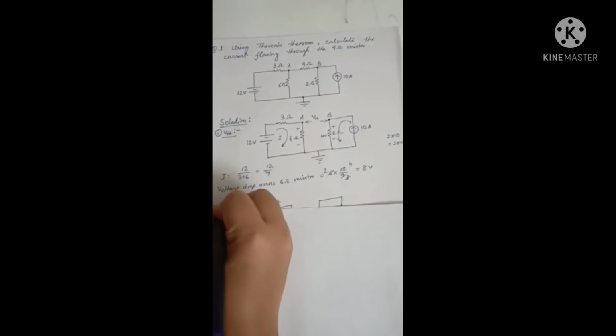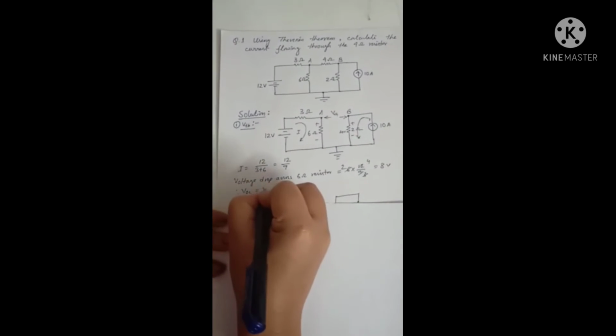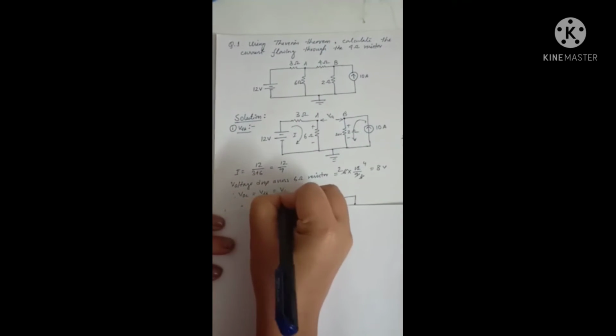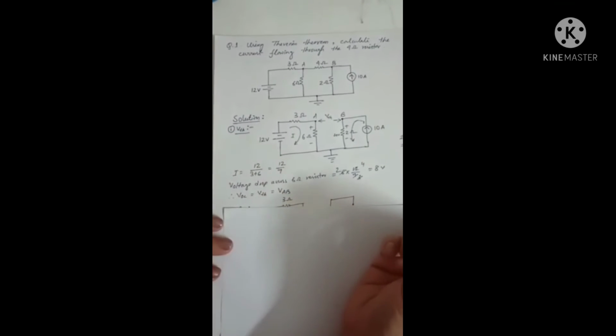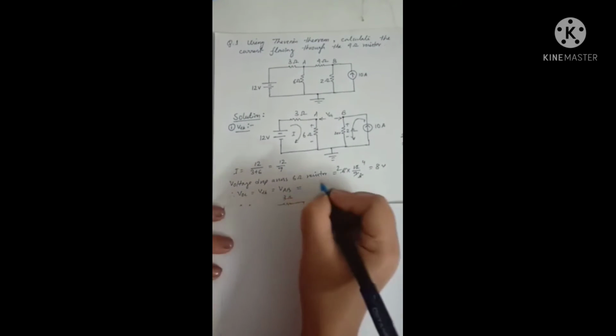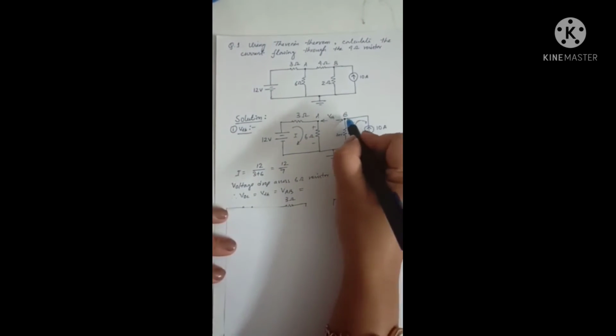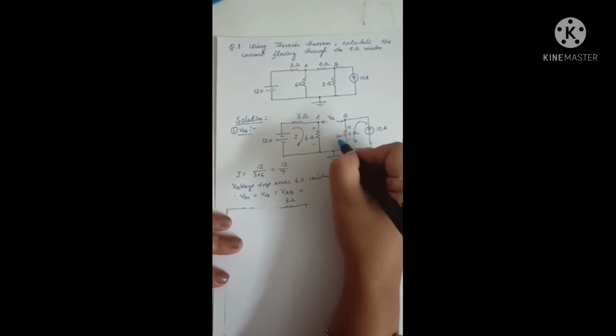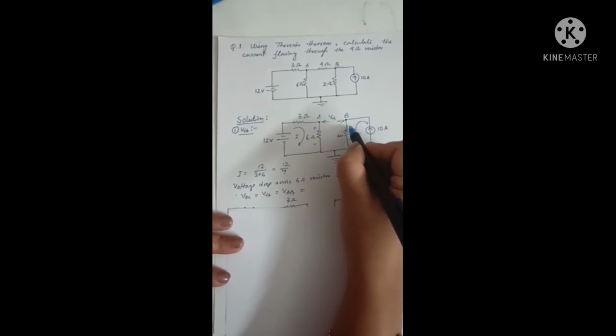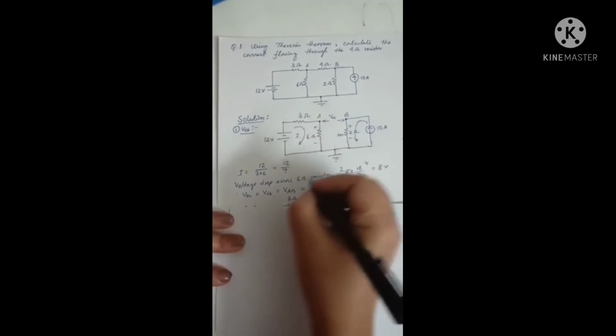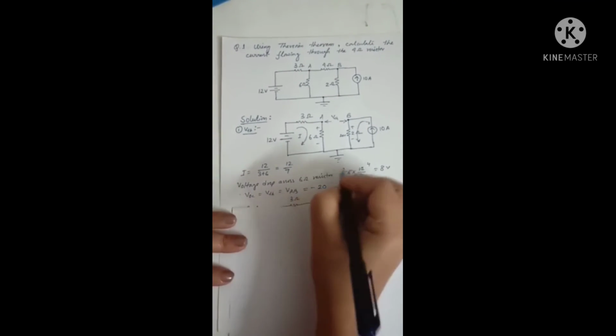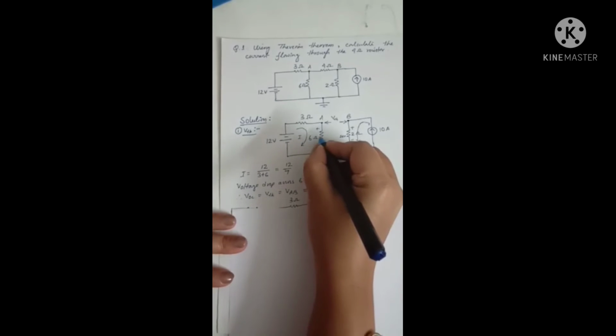So now let us find VTH or VOC. Therefore VOC, which is actually VTH, equal to the potential drop across these 2 points A and B. So VAB, this will be what? If we start from this point B, then in the path we are having a drop of 20 volt. Now this drop will be negative because we are moving from plus to minus. So there is a fall in potential. So minus 20, then we are moving from minus to plus.